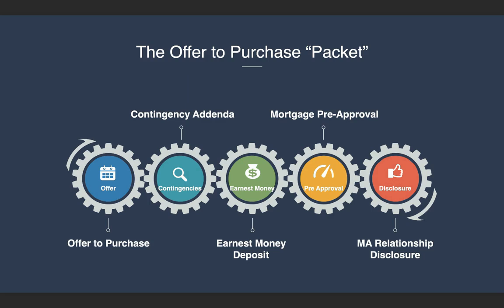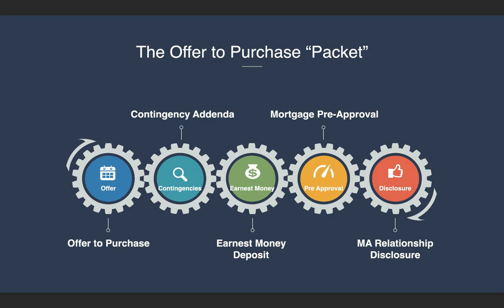And finally, we have the Massachusetts mandatory licensee consumer relationship disclosure. Now, you're familiar with this document because you executed one with your seller, with your client. But during the offer process, during the listing of the property, you negotiated with the seller not only the commission you would be paid, but also the compensation that seller permitted you to offer a buyer's agent.